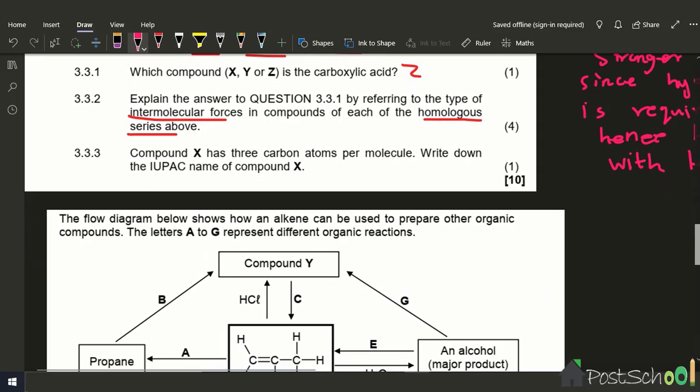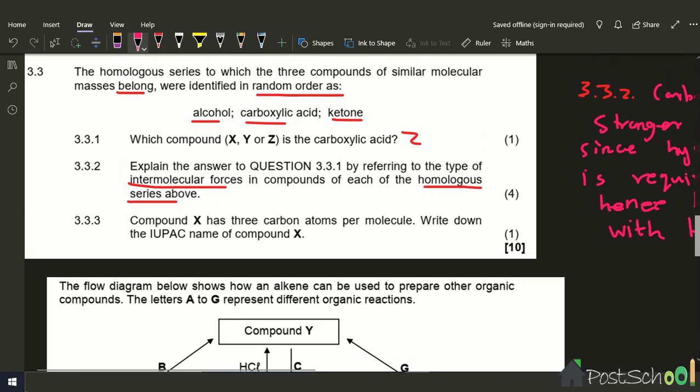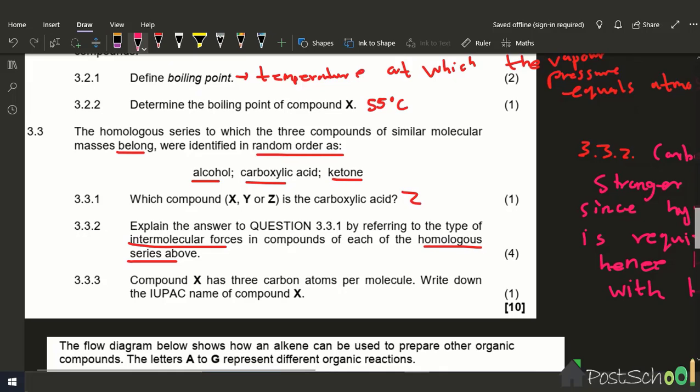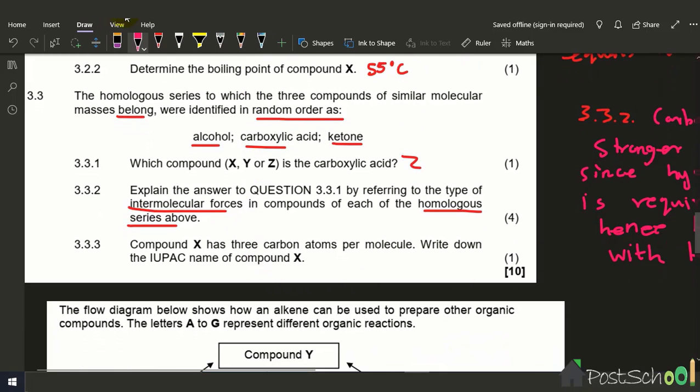Compound X has 3 carbon atoms per molecule. Write down the IUPAC name of compound X. It has 3 carbon atoms per molecule. Write down the IUPAC name of X. Alcohol, carboxylic acid or ketone.